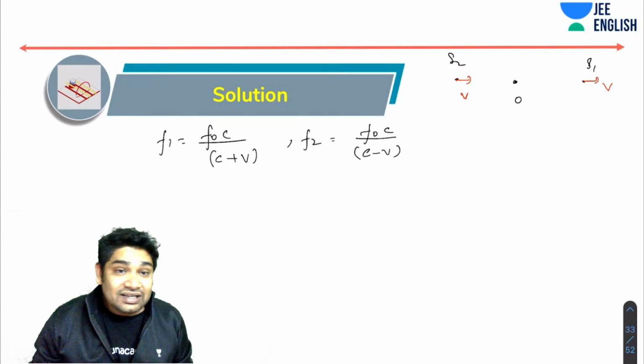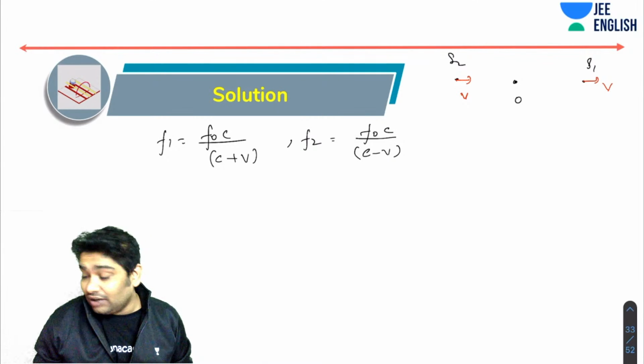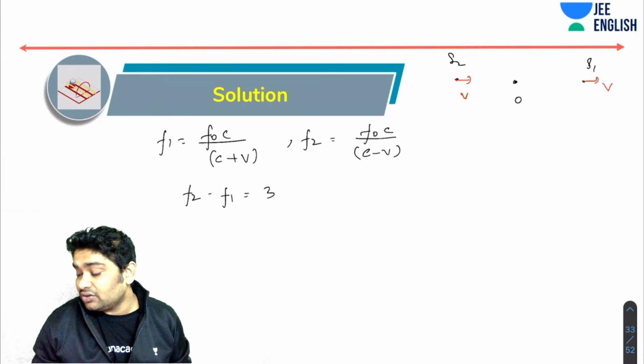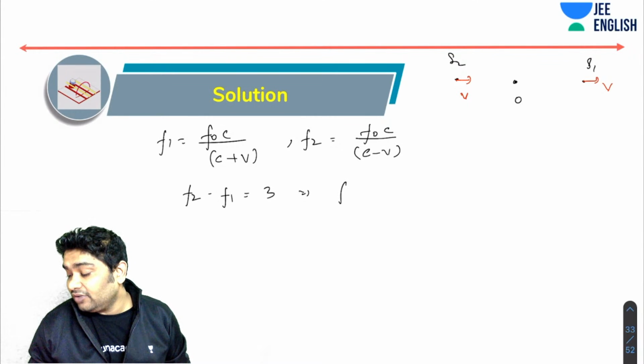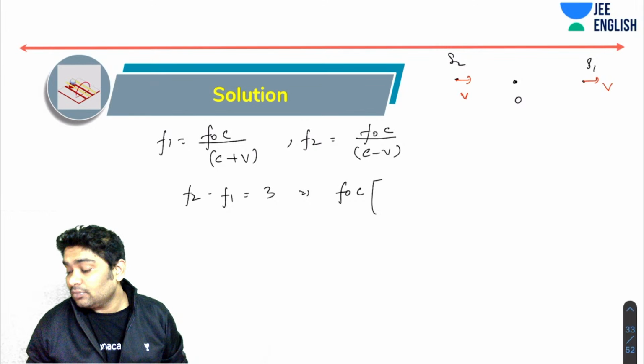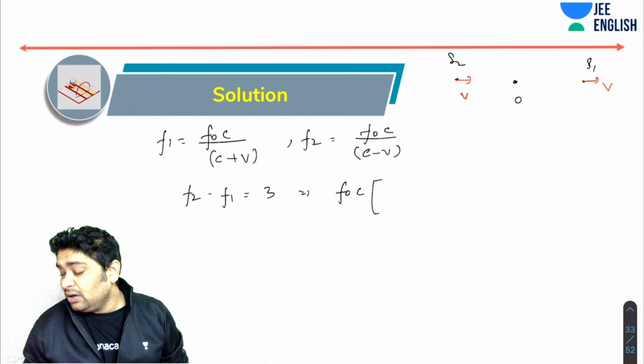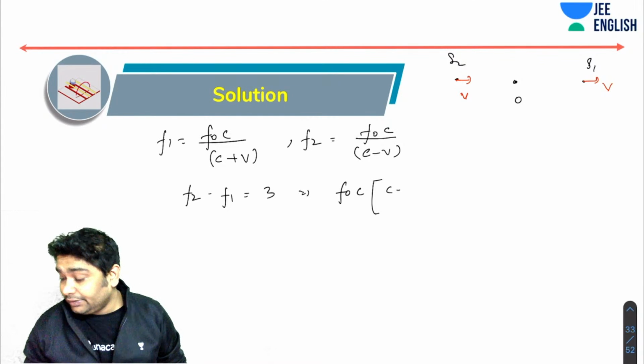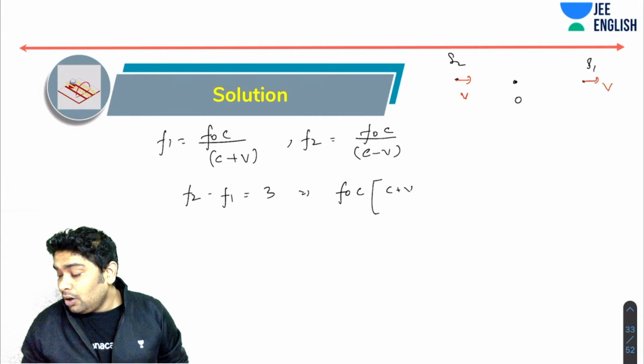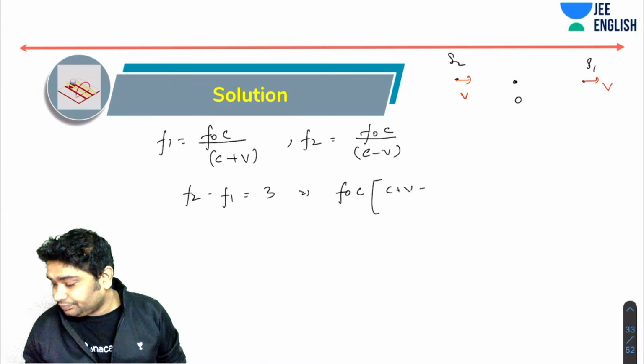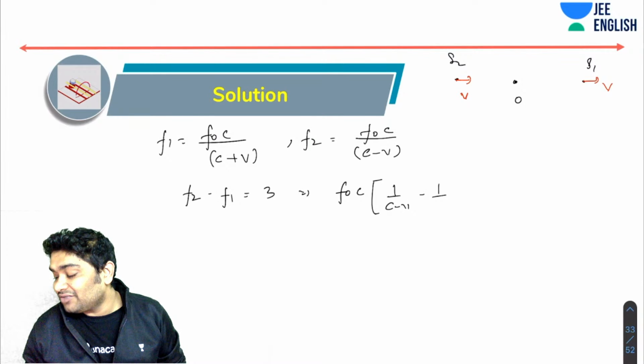Now, since the observer hears three beats, that just implies F2 minus F1 equals 3. Okay, so what I realize is that F naught C times 1 over C minus V minus 1 over C plus V equals 3.